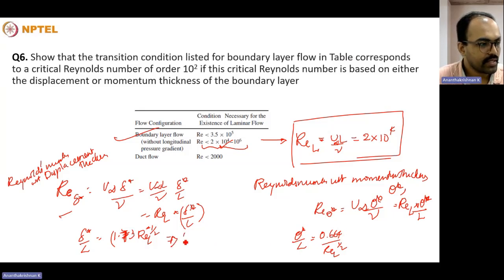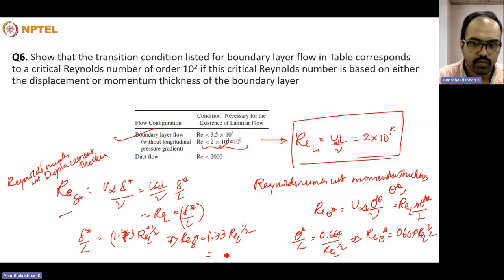That implies Reynolds number with respect to the displacement thickness will be 1.73 into Re_L raised to 1 by 2, and similarly Reynolds number with respect to the momentum thickness will be equal to 0.664 into Re_L raised to 1 by 2. So this is equal to 245 and this is equal to 94.